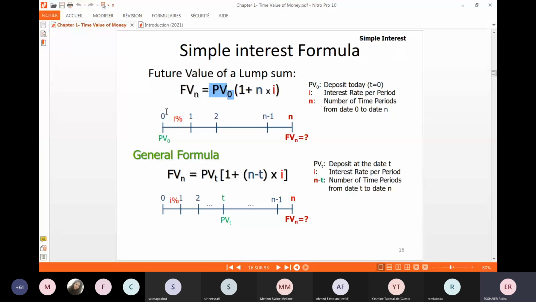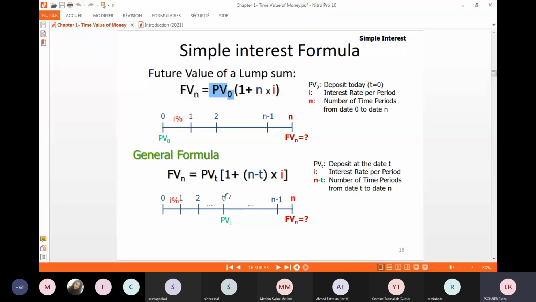The general formula: suppose that the present value is not invested today at the date 0. Suppose that we invest the 100 at the date, for example, 6 or 7 or 3. So at the date t, the number of periods of interest is the difference between n and t.